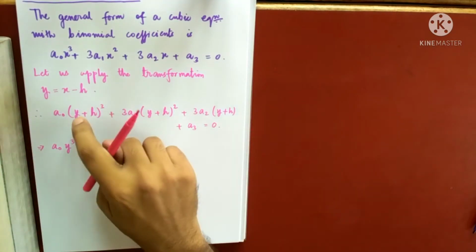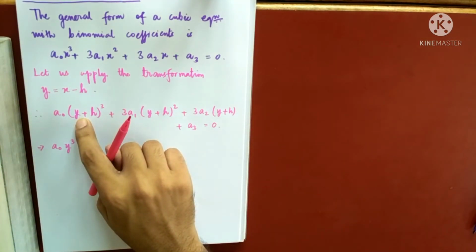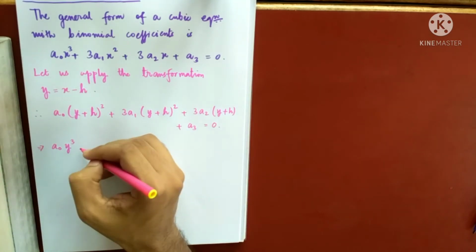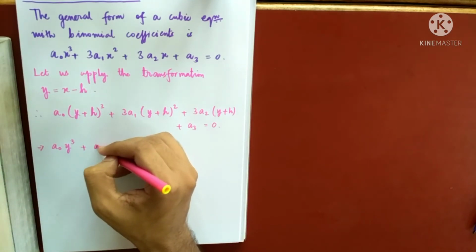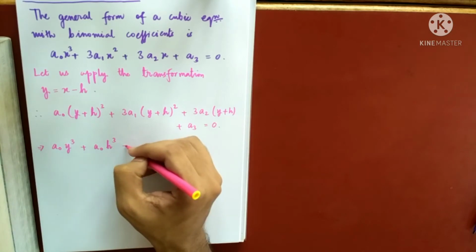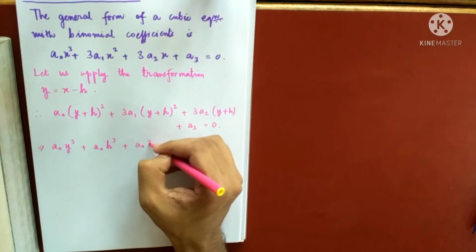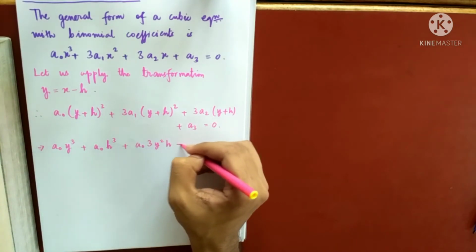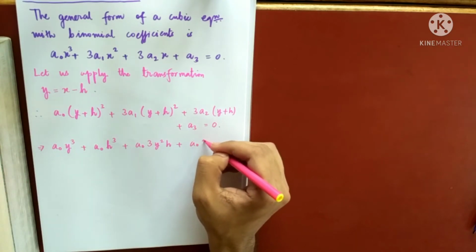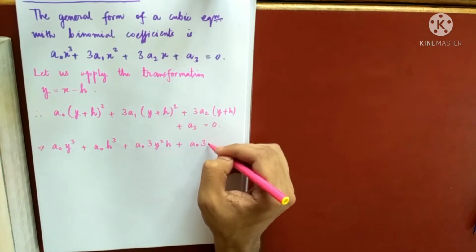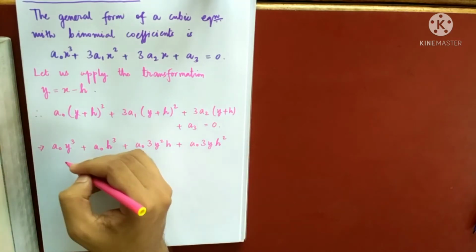Now let me write everything: (a plus b) cube is a cube plus b cube plus 3a square b plus 3ab square. Apply the formula here.